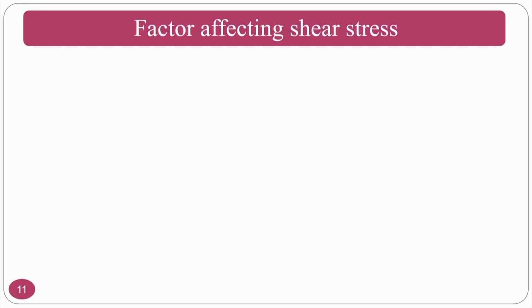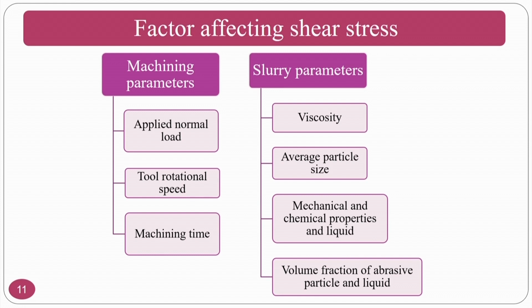So, factors affecting the shear stress. Normally, the first one is the machining parameters, that is, the applied load, meaning how much load the machine is applying on the sphere, so that it will give some pressure on the fluid. The tool rotational speed is how fast you are rotating the sphere, so that you give the shearing action.